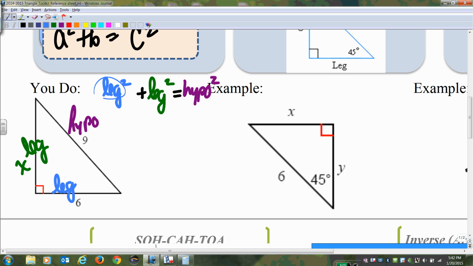So leg squared is going to be 6 squared, plus the other leg, that's our unknown, equals our hypo, that's 9 squared. Now we solve, and of course 6 squared is 36.